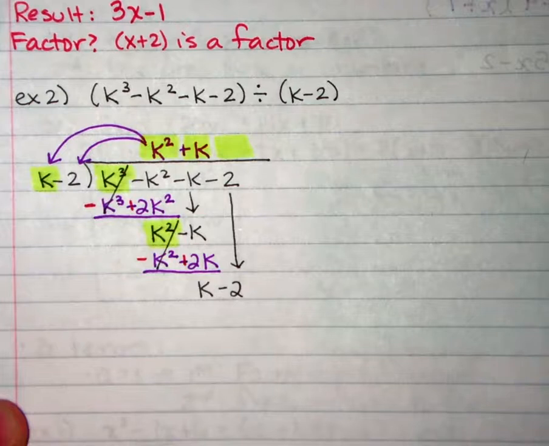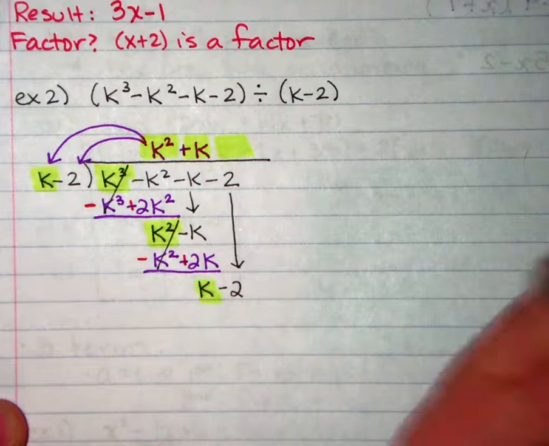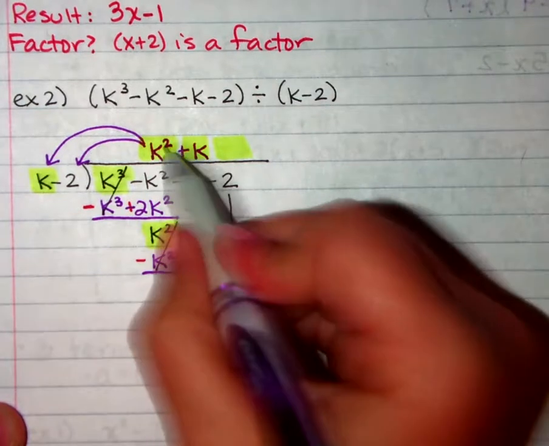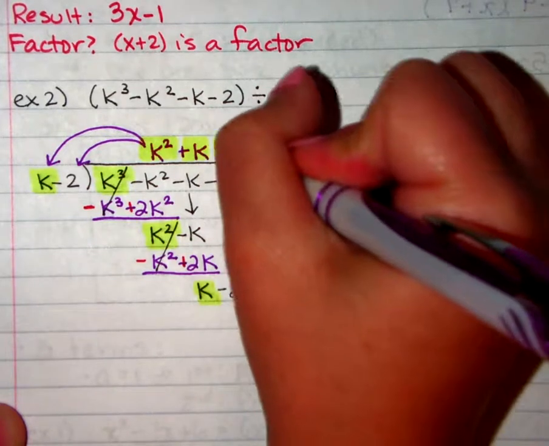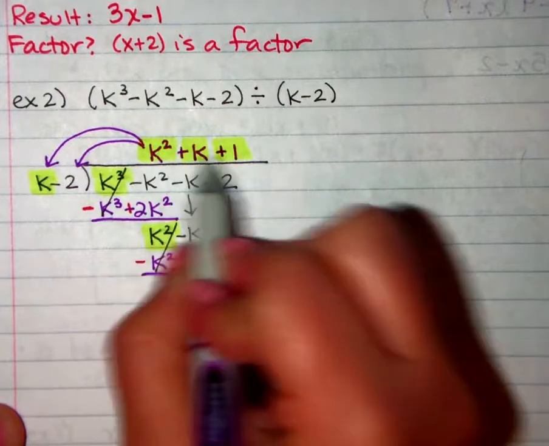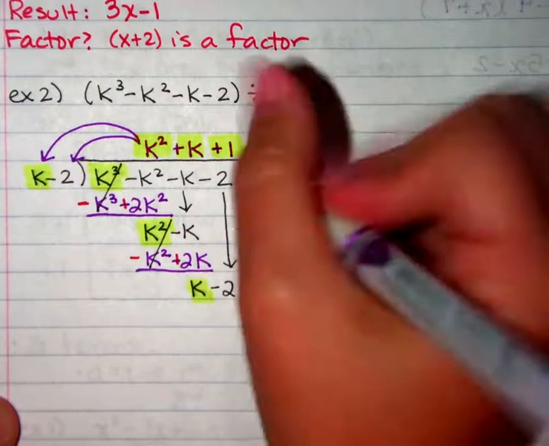You should always be going down in powers to where your last value is a constant. So when I multiply, I get k minus 2. Draw my line, change my sign. And again, both of these cancel out, and I'm left with 0 remainder.